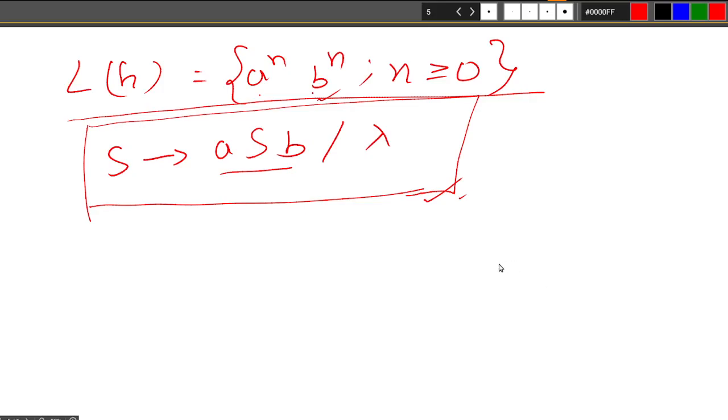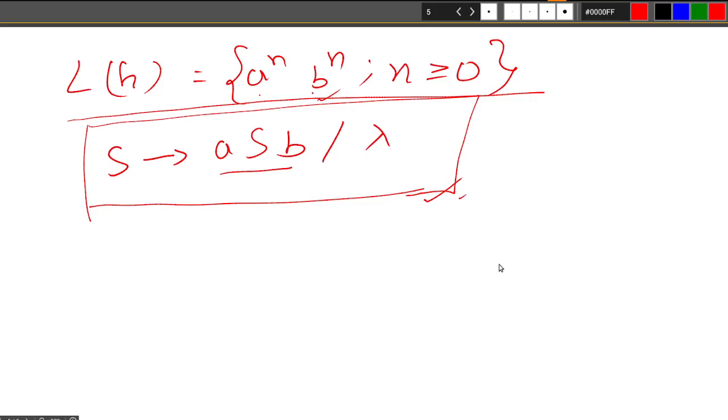Rohit Negi, can you tell me whether this grammar is regular or not? Yes, because we can convert it to (AB) star, and star can show that we can use lambda and any number of times AB.